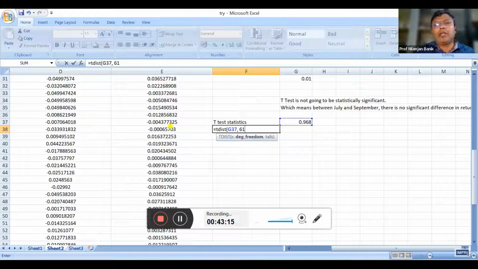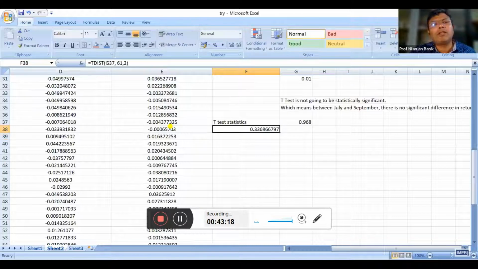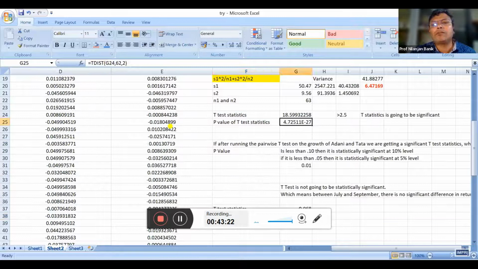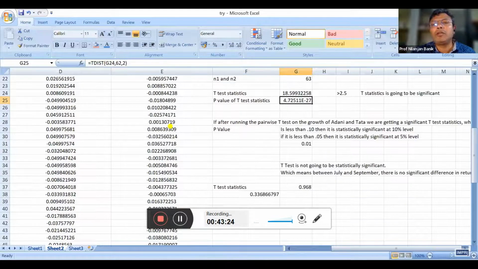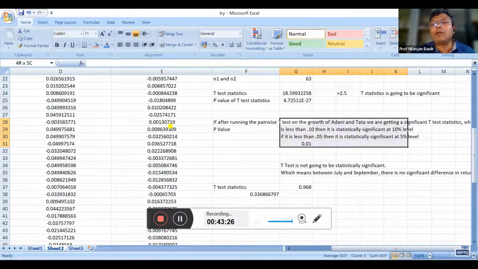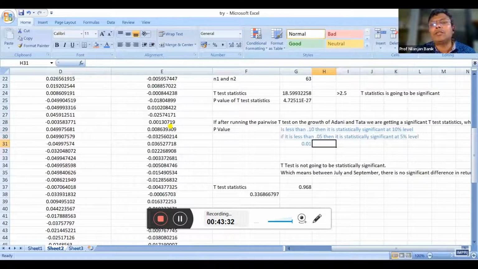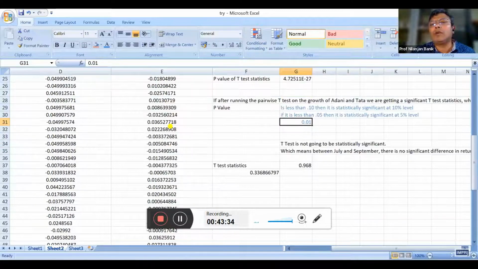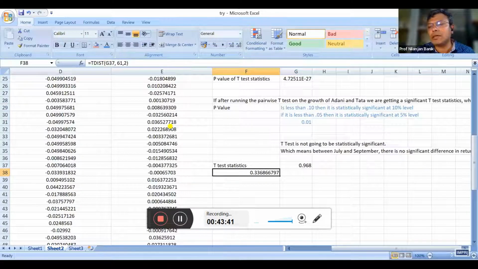You see, we are getting the p-value of the t-test as 0.33. Earlier I was getting 0. So remember, going by what I wrote over here, your t-test will be statistically significant if and only if this is less than 0.10. But in this case we are getting a p-value of 0.33.